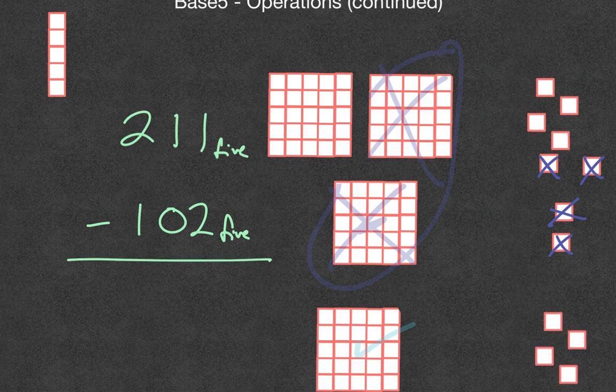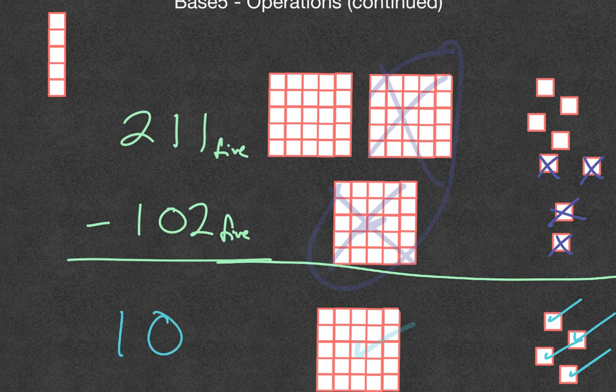There we go. Then it's a matter of working backwards. I'm going to extend this line to show that this is my answer. I got units, I have 1 remaining mat. I have no strips. Even though I started with a strip up here, I had to break it, so I don't have any strips, and then I have the 4 units that are left over.